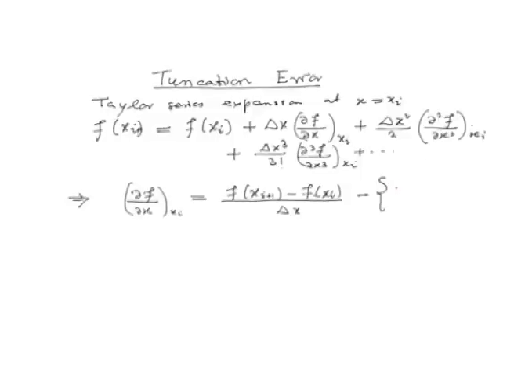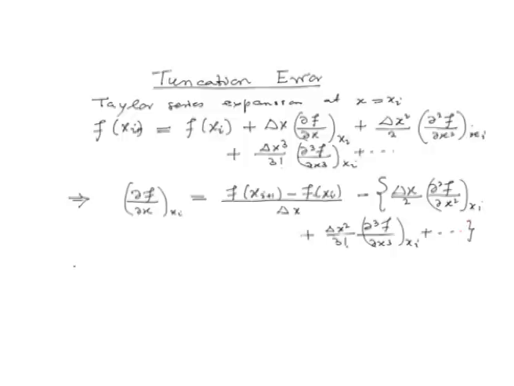So, we will get delta x times del 2 f over del x square at xi, plus delta x square divided by 3 factorial times del cube f over del x cube at xi, plus so on.